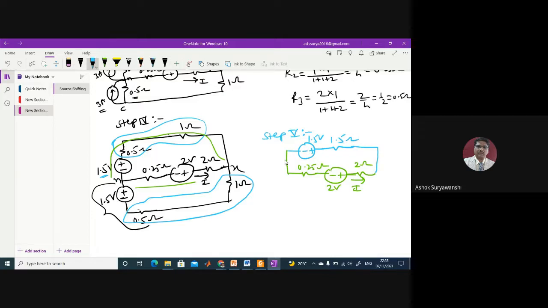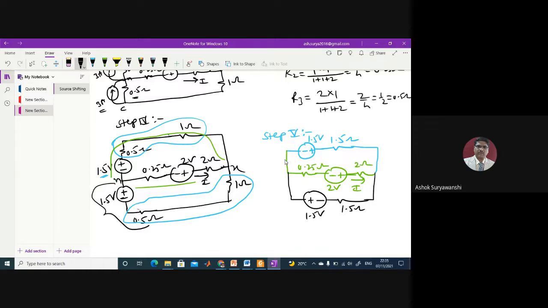And then the third branch. In the third branch, you can see this voltage source I will take on the lower side. So the polarity will be plus minus 1.5 volt, and this 0.5 plus 1 is 1.5 ohms. So it got simplified further, right?